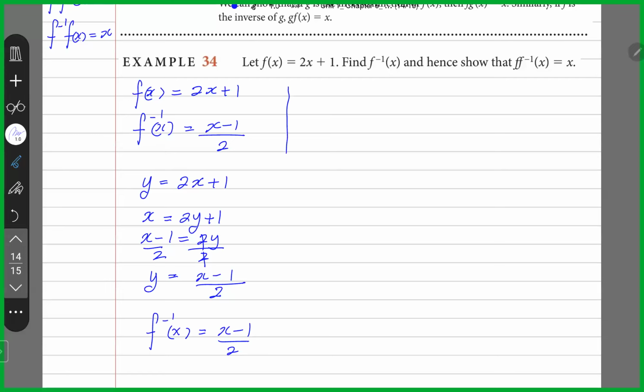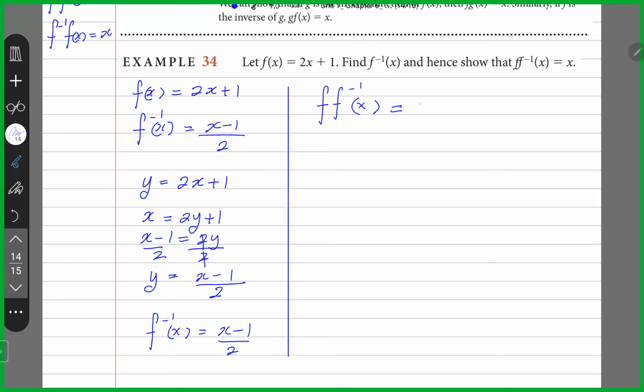So the next thing we need to find is f of f inverse of x. Now, f of f inverse of x is a composite function in which the range of f inverse is the domain of f.